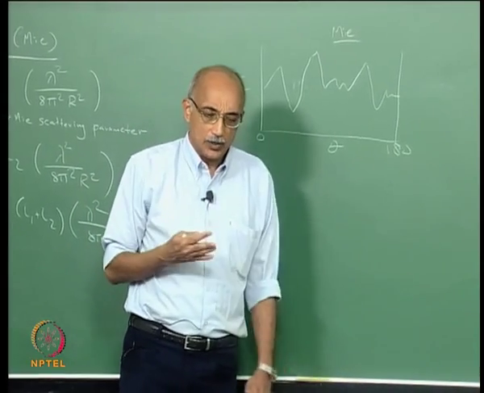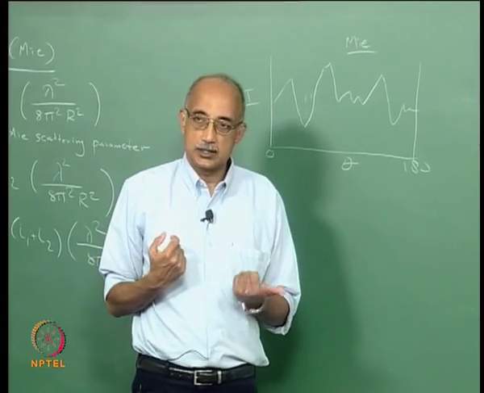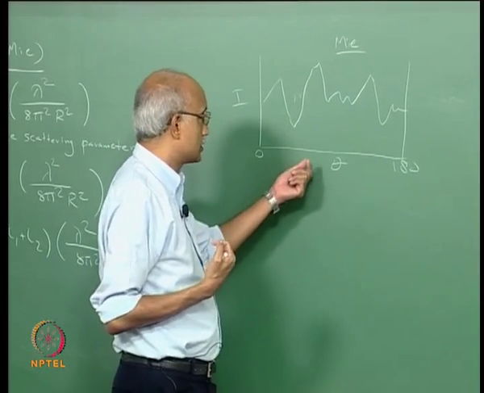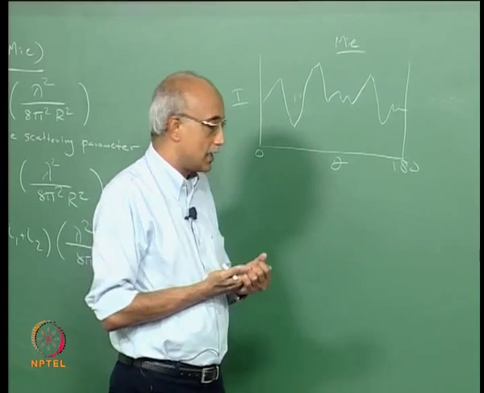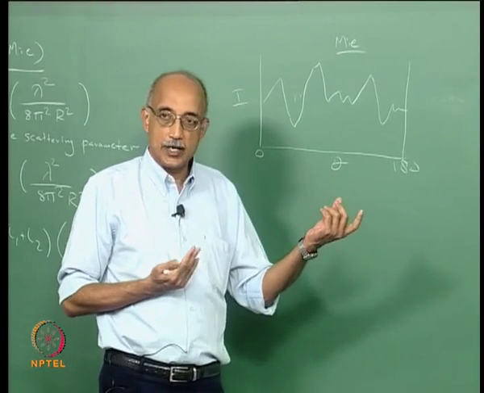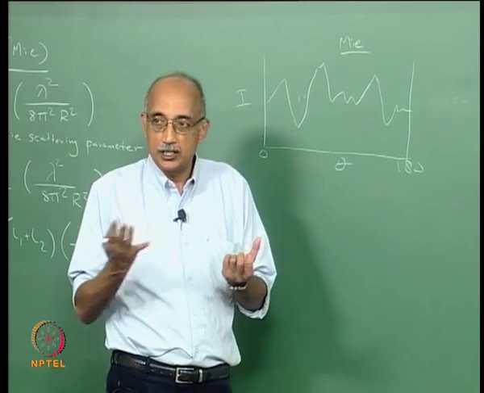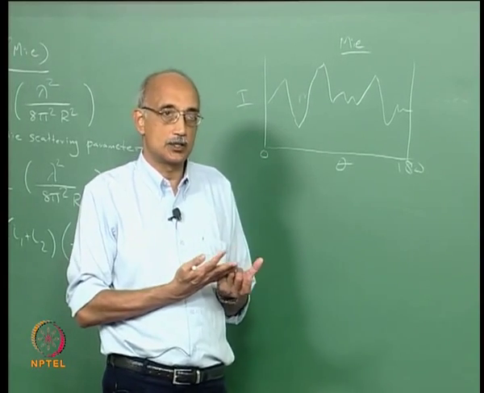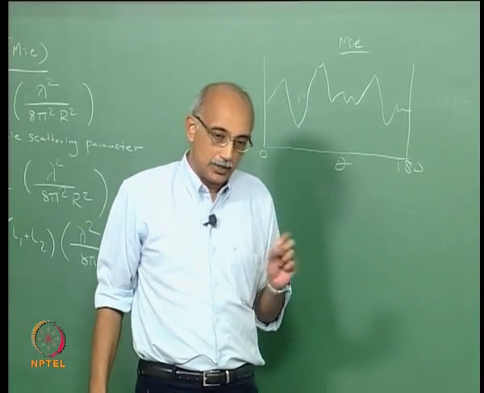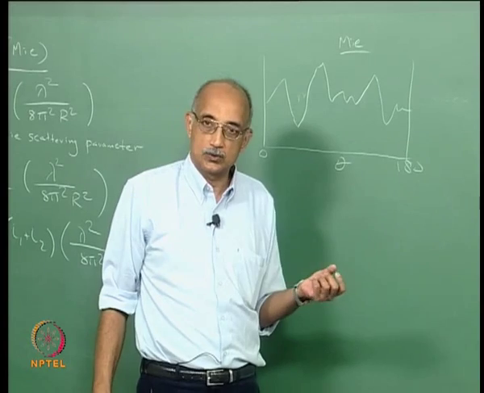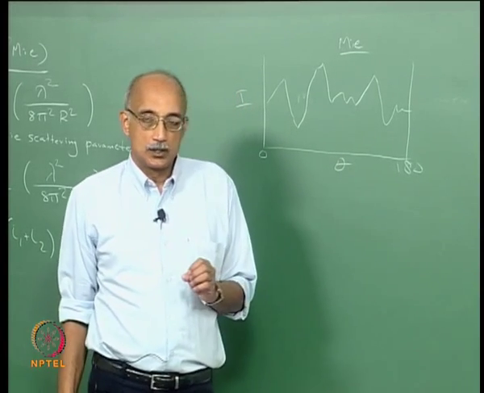So, when you think about it, then how do you even use this signal to predict size? Because what this would tell me is, for the same particle size, you can have multiple intensity values, and for the same intensity value there could be multiple particle sizes that contribute to that intensity value. So, the interpretation of the scattering spectrum in the Mie regime to calculate particle size becomes somewhat questionable.